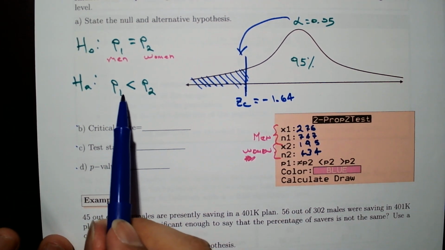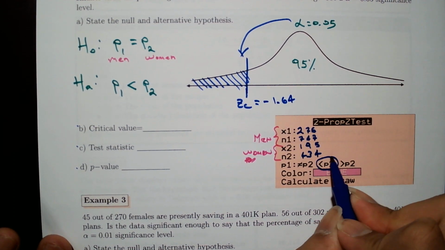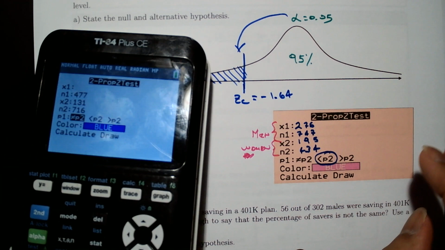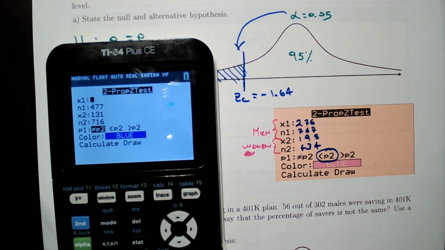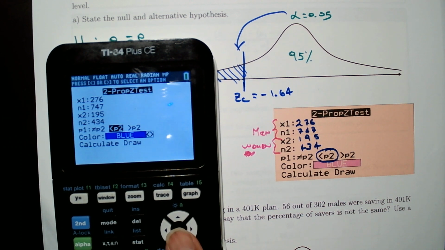And in this case, you want to test P1 less than P2, so we are going to choose the second option, P1 less than P2. So 176, 747, 195, and 434. Click enter, choose whatever color you want, and then go to calculate.